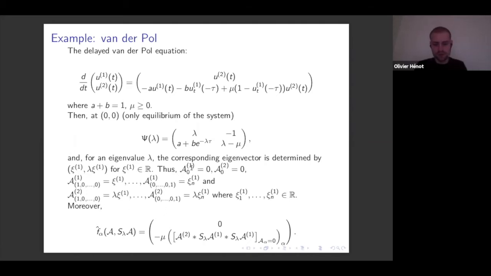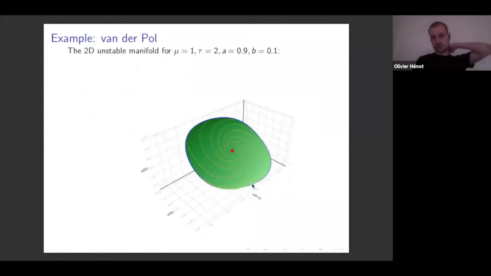You just have to rearrange your terms properly here. And then at the end, the f hat is exactly the same idea as before. So here, for instance, first component, there is no nonlinear term, so this is just 0. We don't care about this one. We don't care about this one. We only care about this term right here, which is what I wrote here, right? Okay, so it's very convenient, very easy to use. And we used it to actually compute a two-dimensional unstable manifold.